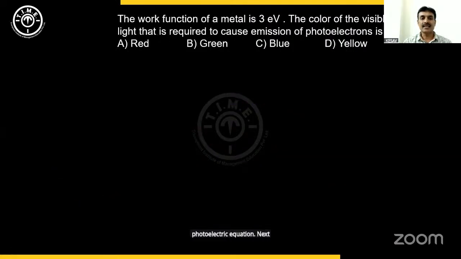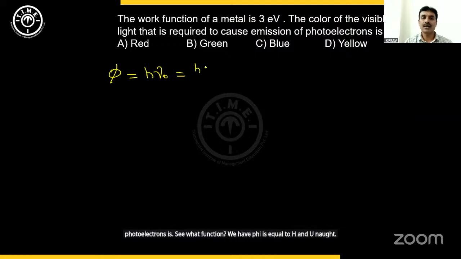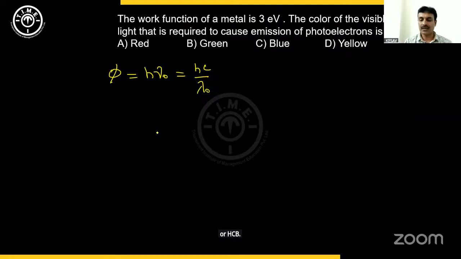Next. Another question appeared in JEE Main. The work function of a metal is given as 3 electron volt. The color of the visible light that is required to cause emission of photoelectrons is? See, work function, we have phi is equal to h nu naught or hc by lambda naught.